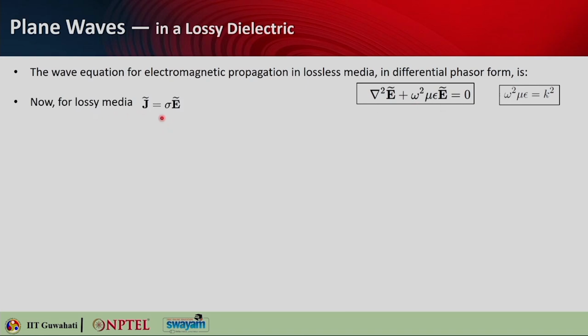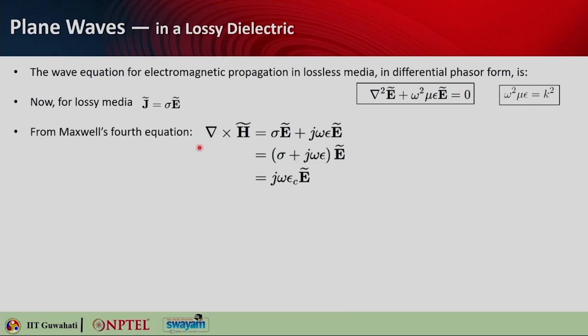Now if you consider that for a lossy medium J is nothing but sigma E, and you go back to Maxwell's fourth equation, curl of H becomes J, that is sigma E, plus dD/dt. D can be written as epsilon E and d/dt can be written as j omega. So you take E common and write sigma plus j omega epsilon.